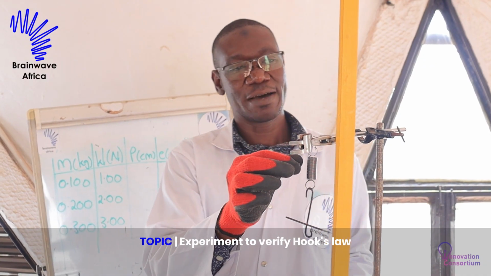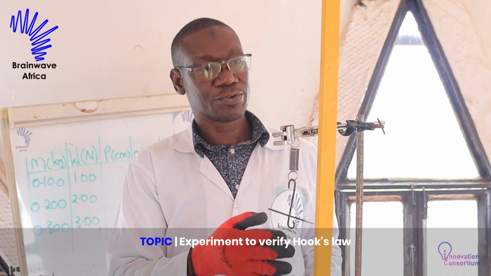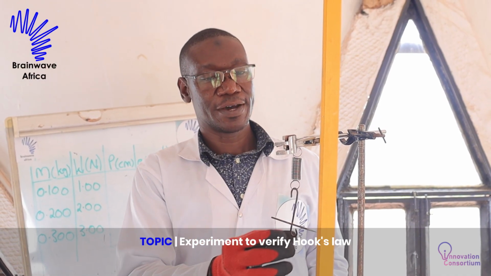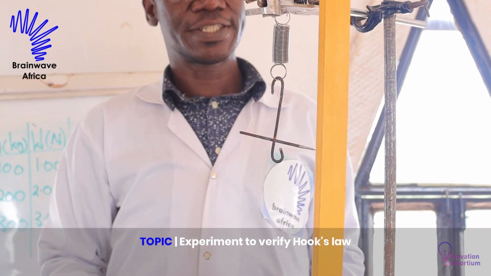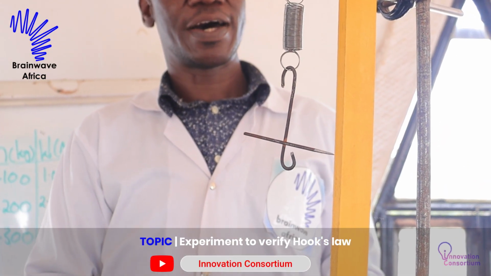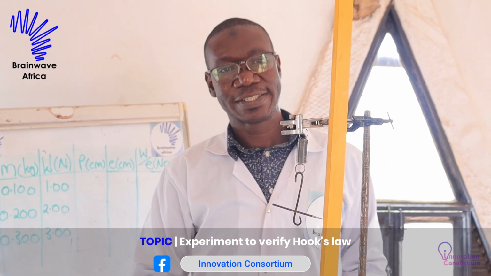So we have our spiral spring, which we have clamped next to a meter rule, which is standing vertically. We have a pointer, which will help us get the position as the spring extends, and from that position of the pointer we shall be able to get the extension.